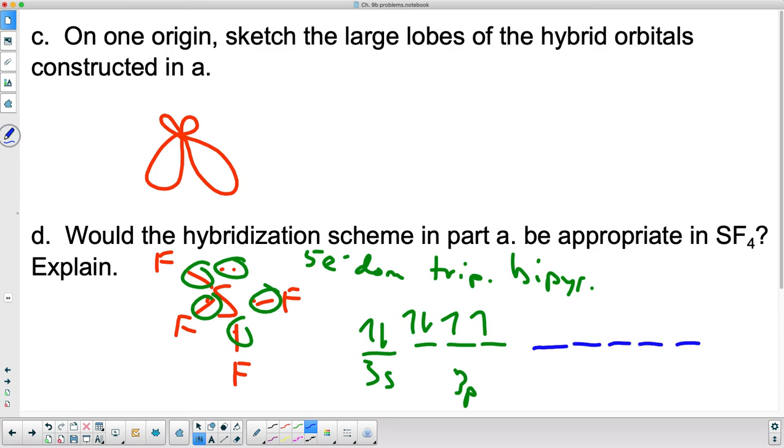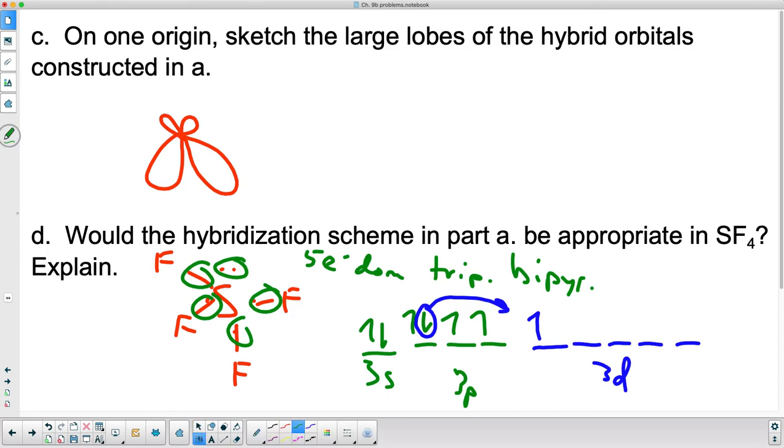And no electrons. This is, of course, the 3d. We've talked about this. Expanded octets happen because there's extra room in the 3d, which means that now this one is promoted from the 3p to the 3d, and now look what happens.